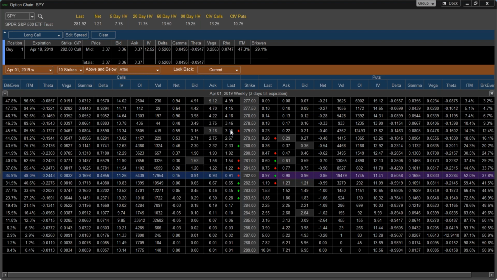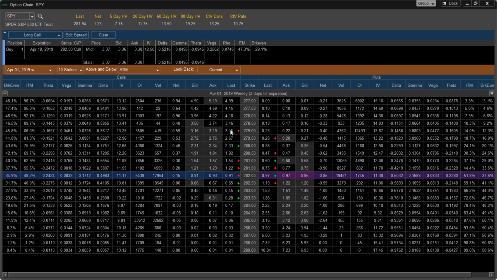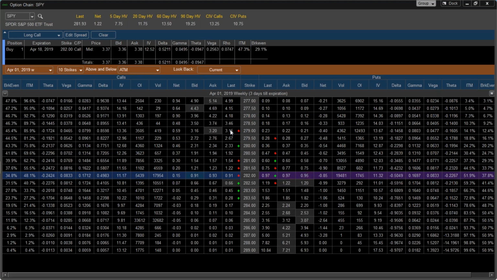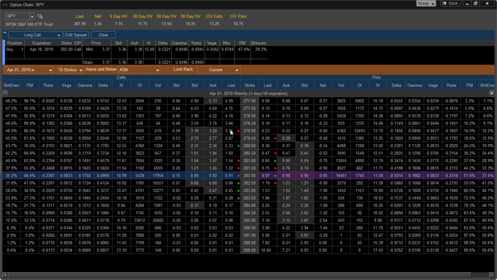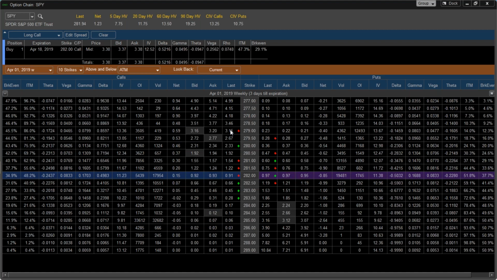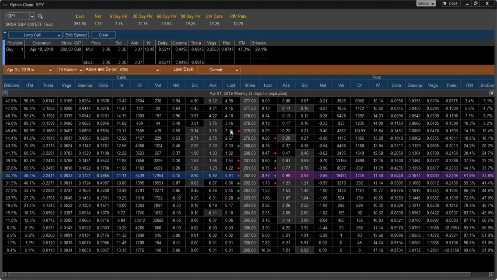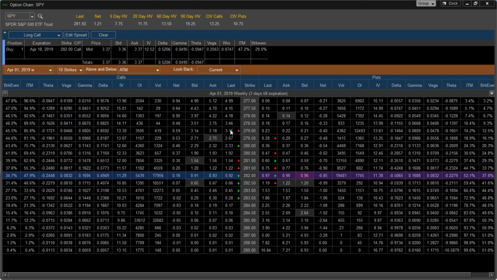So if I thought we were only going to crash $3 between now and Monday, I could sell the 279 covered call for $315. And if I was wrong and the market jumped up and I got assigned, which is when someone who bought a call option would exercise their right, well, then I get a guaranteed $15 profit. And so you'll note that the farther we go away from the trading price, the less our guaranteed income is.